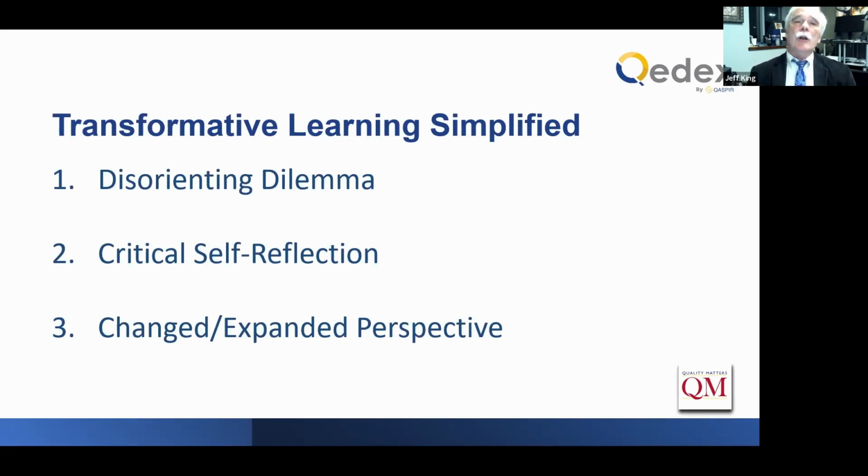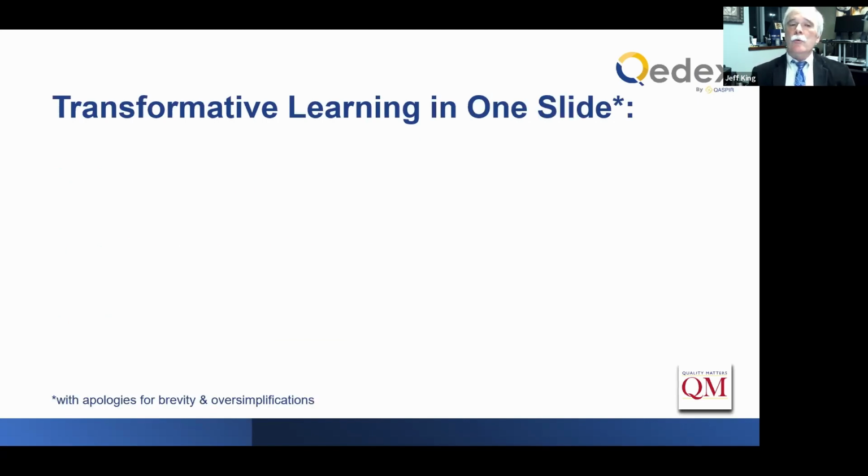If they are led to good critical self-reflection on global and cultural competency topics, then they change that limiting perspective and are able to work with people who are different from them.